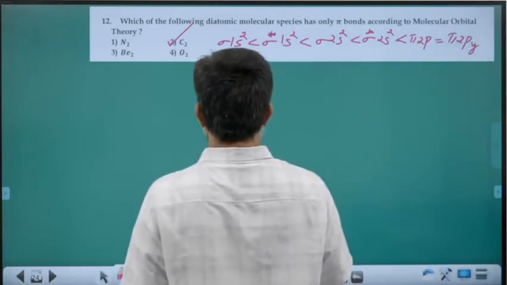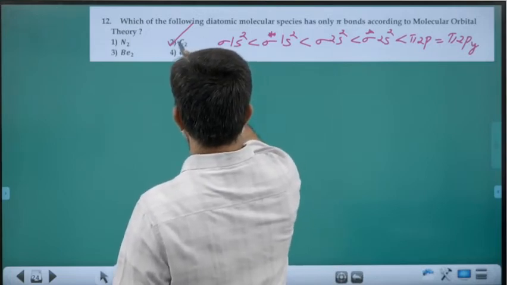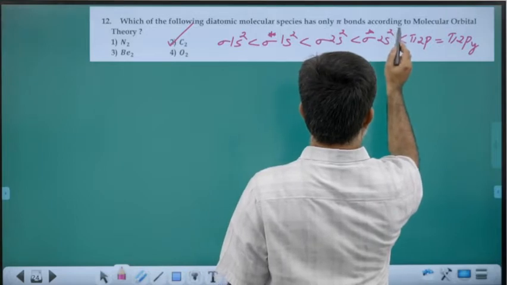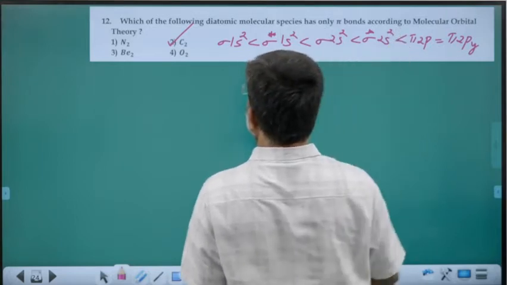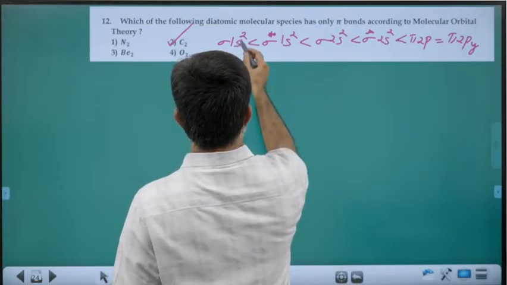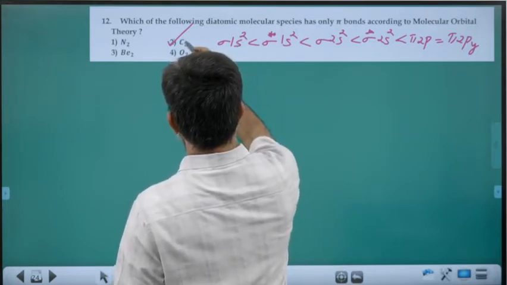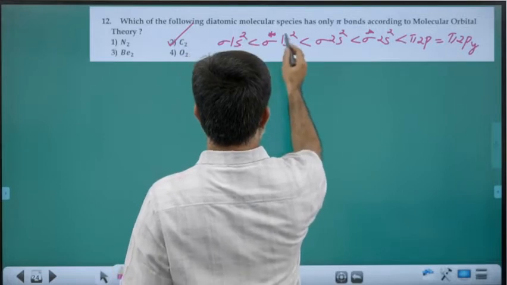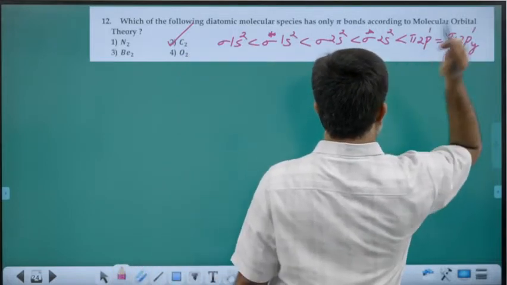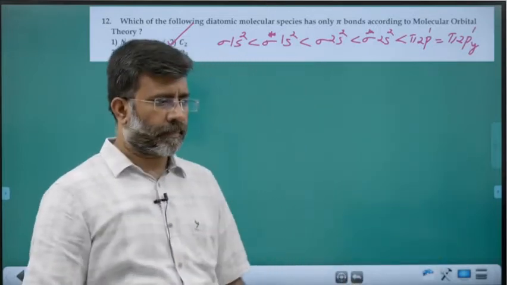According to the nitrogen configuration, there are 12 electrons: 2, 4, 6, 8, 10. Carbon 6 into 2, 12 electrons.